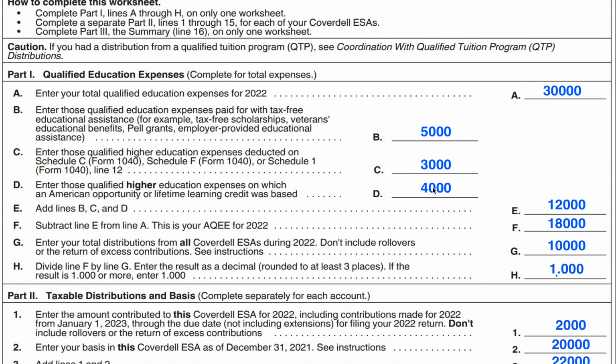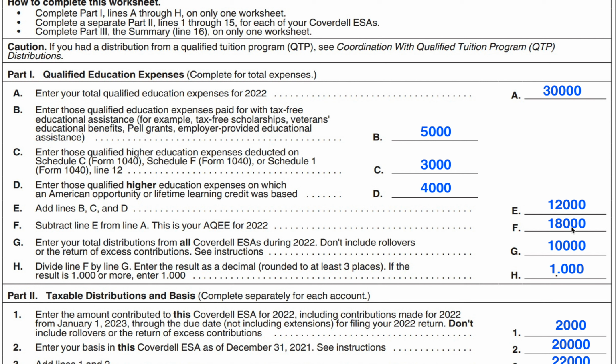So we add all of those up and we get $12,000. And then we're going to subtract that amount from $30,000, which is what we paid. So really, out of pocket, no tax subsidy or anything, we paid out of pocket $18,000.